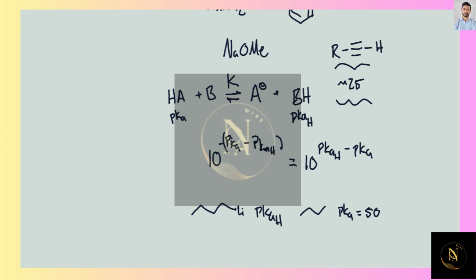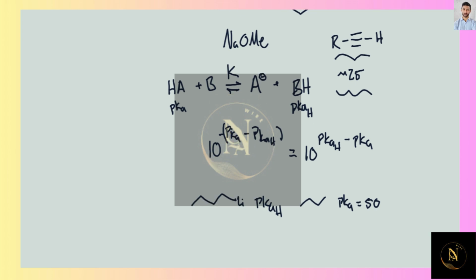If we use this formula for n-butyllithium, we get 10 to the 50 minus 25, or 10 to the 25, which is a huge number. A huge equilibrium constant implies that the reaction heavily favors the right, or heavily favors deprotonation of our alkyne and protonation of, in this case, our butyl.